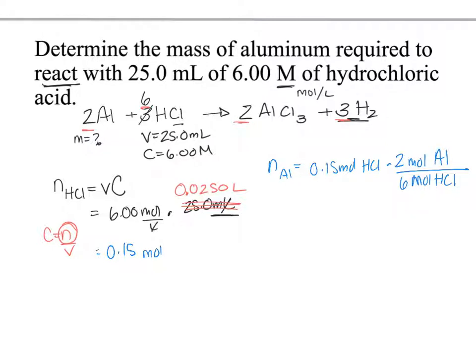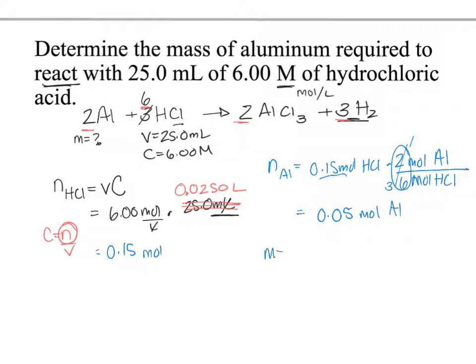So now I'm going to take the number on my calculator, times it by 2, and then divide by 6. 2 divided by 6 is actually 1/3, so really you could take the number in your calculator and just divide by 3. But if that's confusing, just take the number, multiply it by 2, and divide by 6. So now I get 0.05, and this is moles of aluminum now.